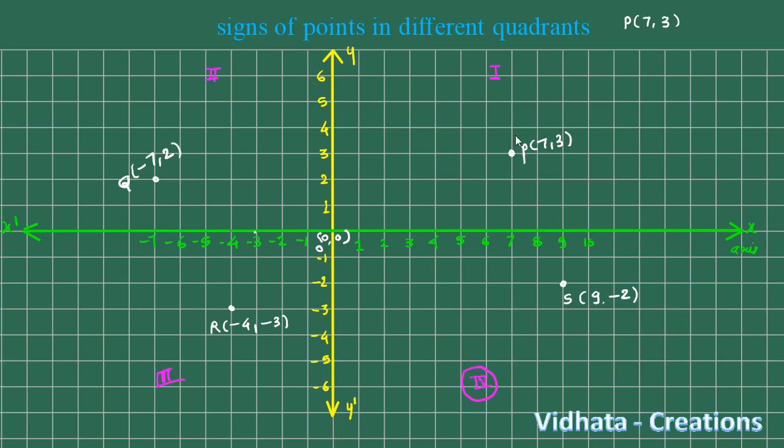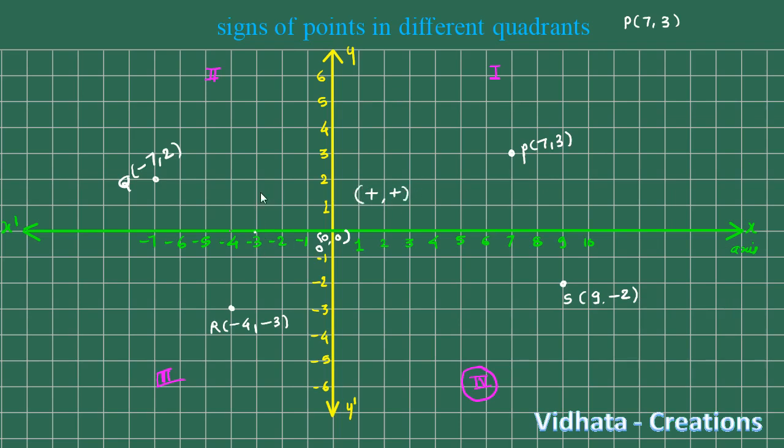And like this, if you take a point anywhere in the first quadrant, then you will get its coordinates always plus, plus. When a given point lies anywhere in the first quadrant, then its coordinates are always plus, plus.